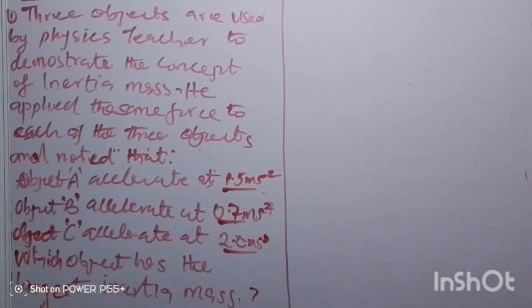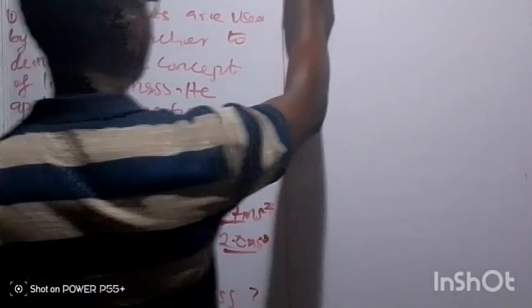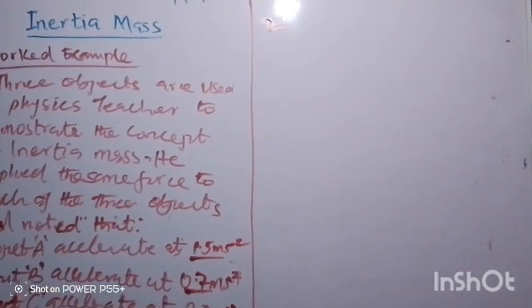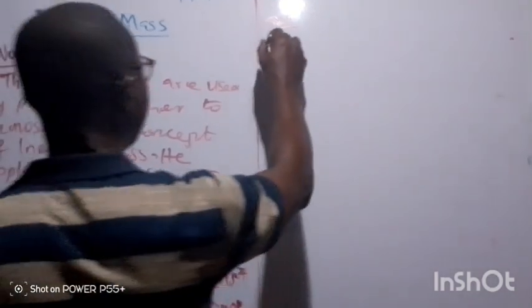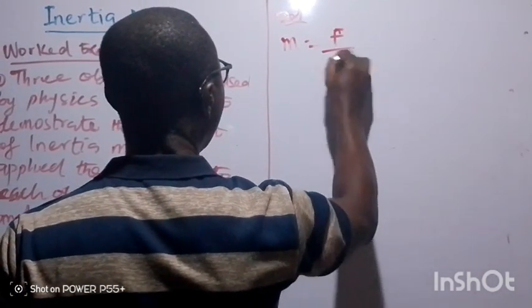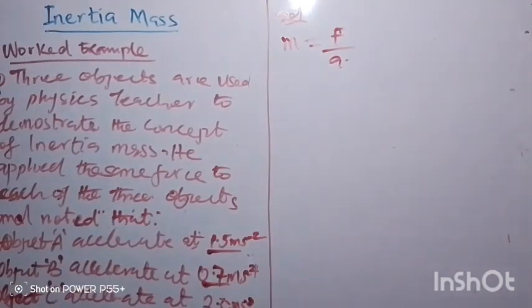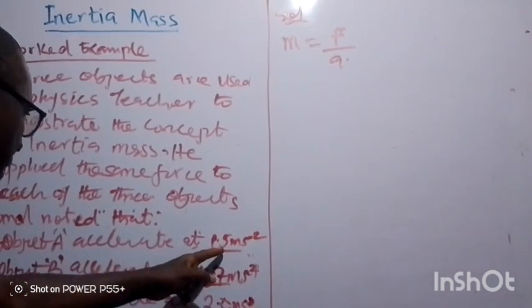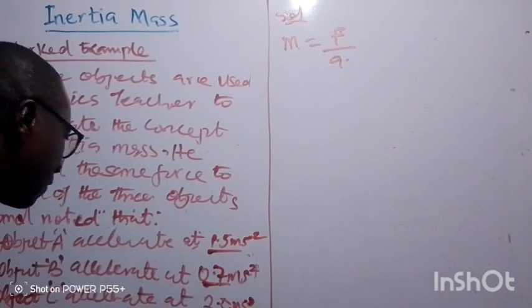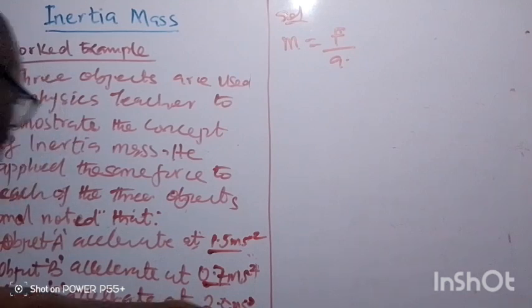Solution to this one. The first thing, don't forget our definition of inertial mass: inertial mass is equal to force over acceleration. If this is the case, the objects accelerate at 1.5 meters per second square, 0.7 meters per second square, and 2.0 meters per second square.